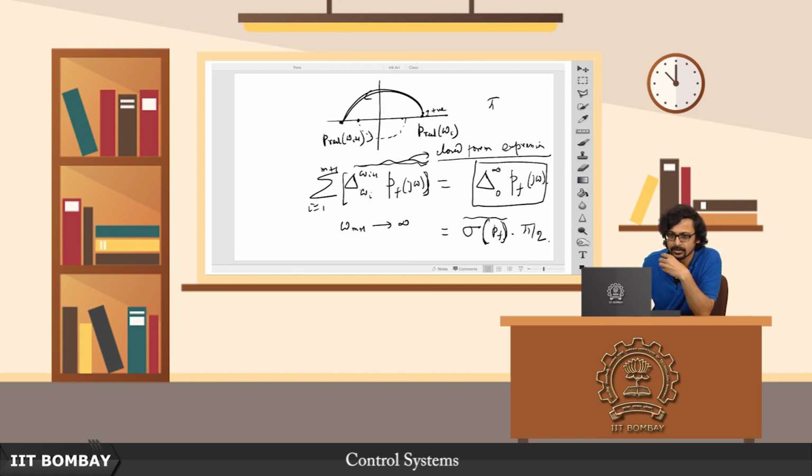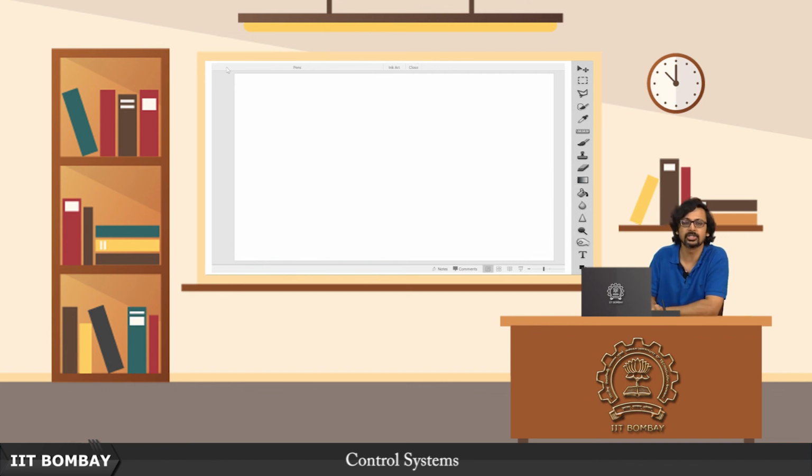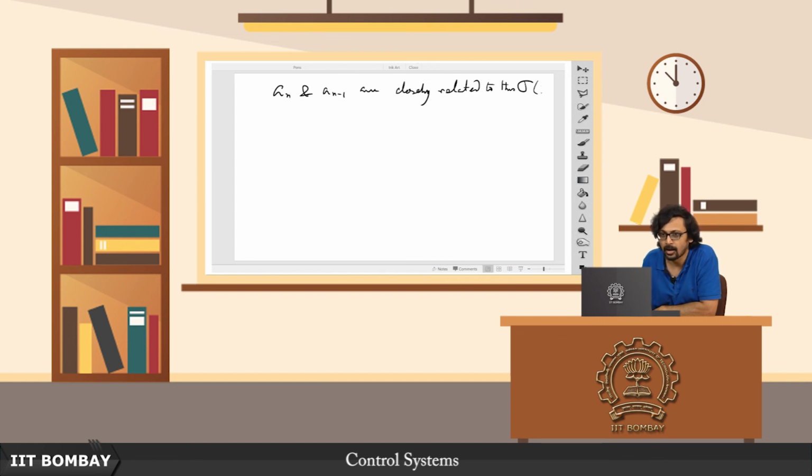So you see this signature has a close relation with a_n and a_(n-1); they are closely related to this sigma. How? Again, I'm going to give you the final expression.